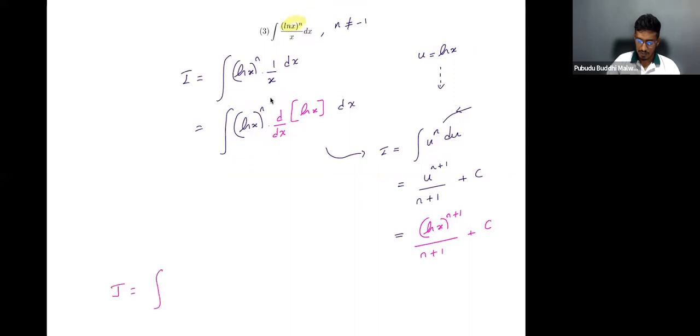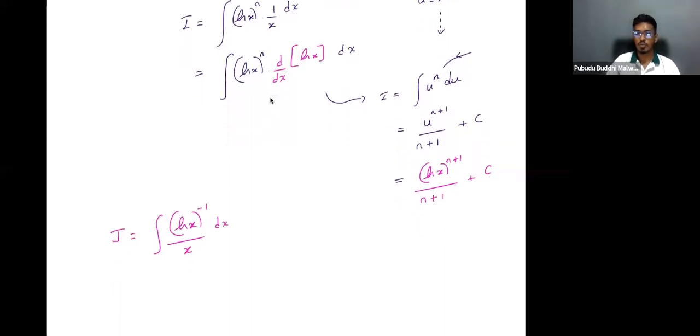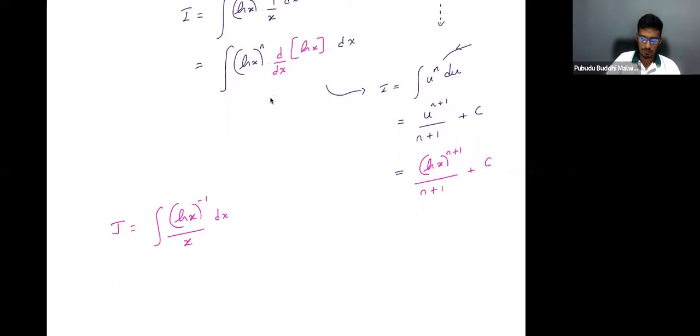So when n equals minus 1, that is natural log of x to the power of minus 1 over x. I can move natural log of x to the denominator to make that exponent positive. 1 over x natural log of x dx.